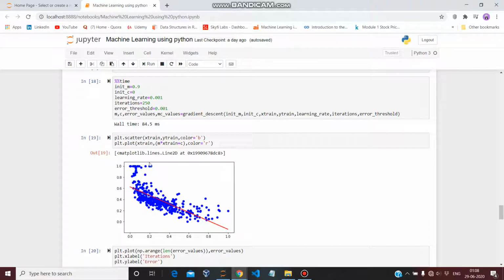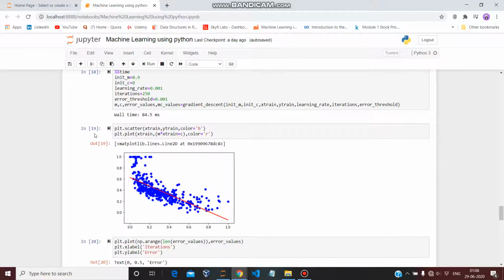This blue dot you are seeing is the scatter plot of X train and Y train, our training data sets, and this red line is our result. We were able to draw the regression line with the help of this.